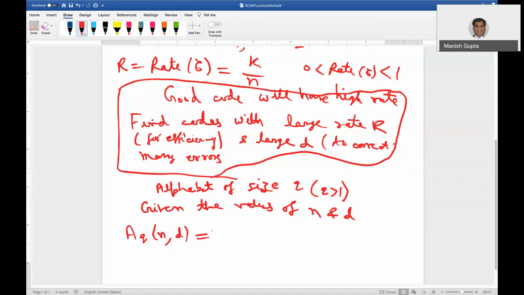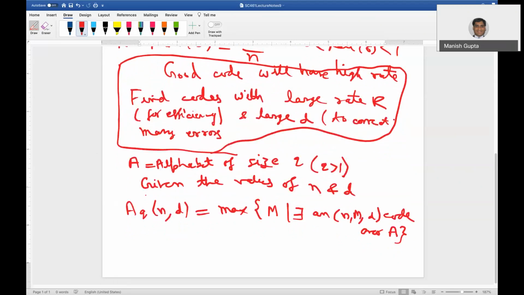What is A_q(n,d)? It is the maximum number of code words, capital M, such that there exists an (n, M, d) code over alphabet A, where A is our alphabet of size q.